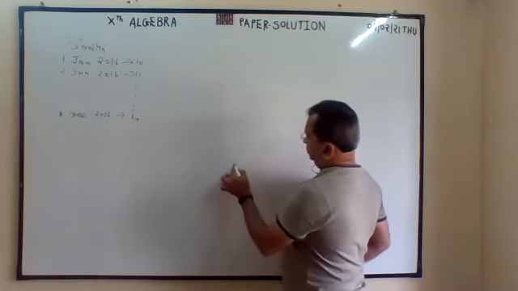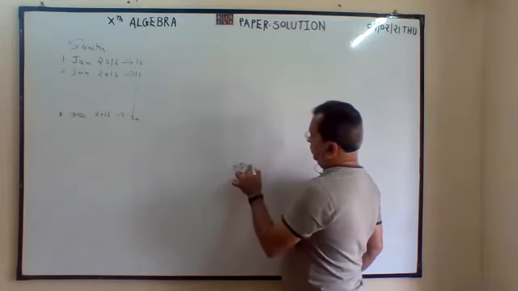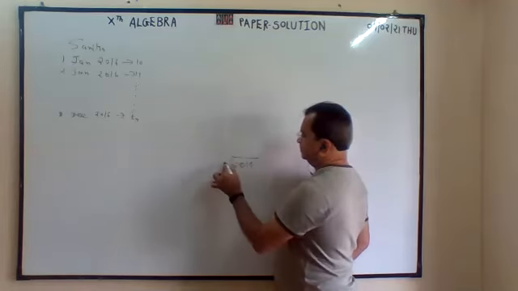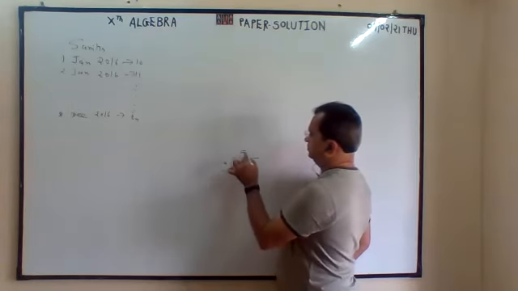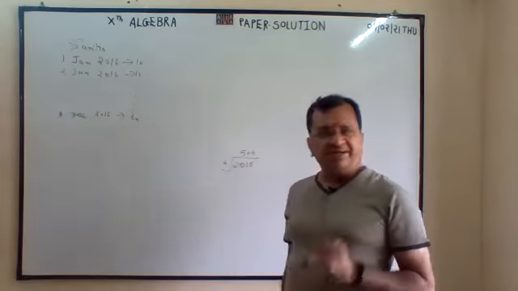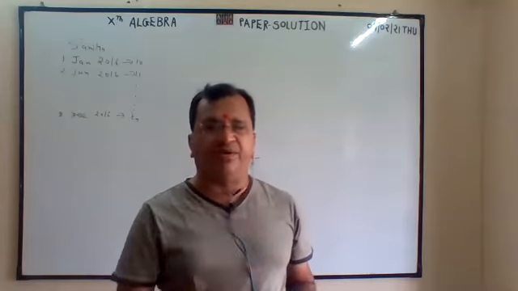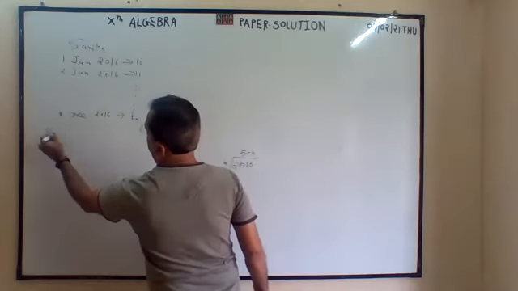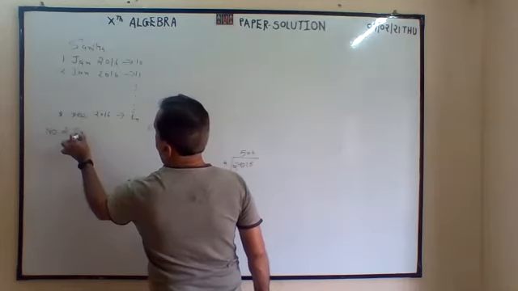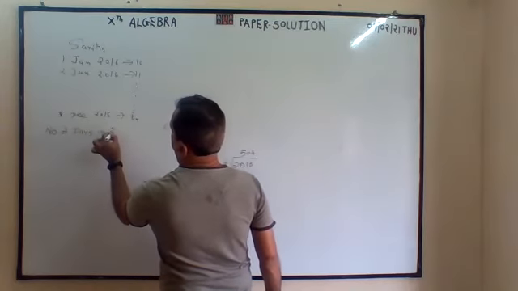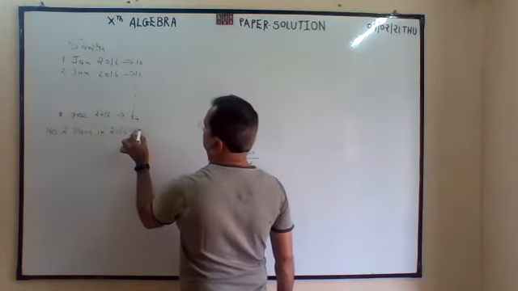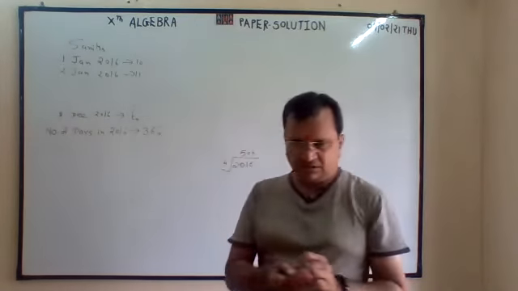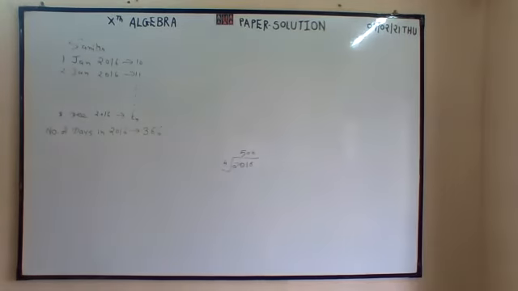See, 2016 divided by 4, it is divisible by 4, so it is a leap year, and in a leap year the number of days in 2016 is 366, that is n.